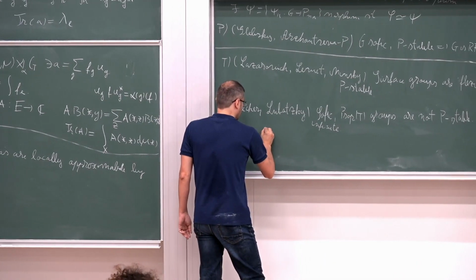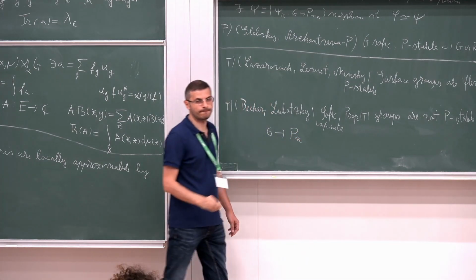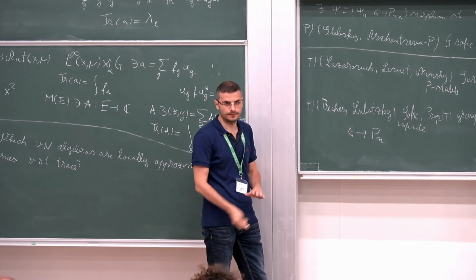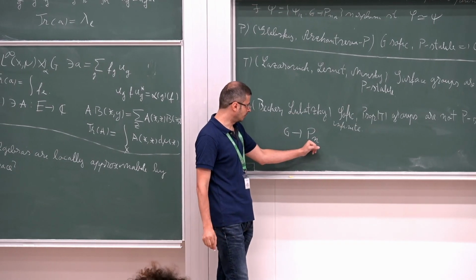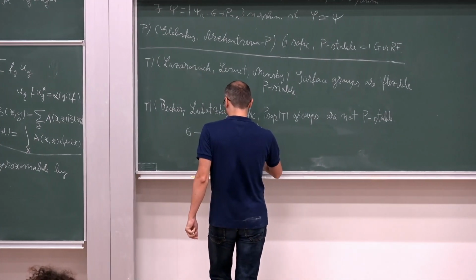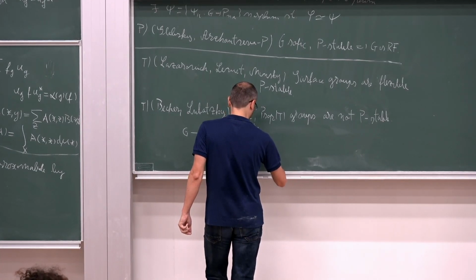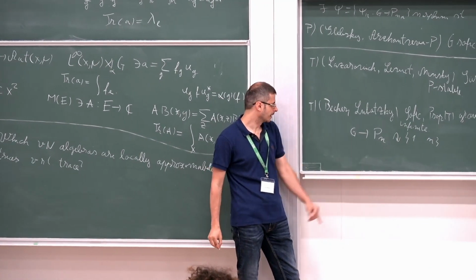You take a morphism into permutations, a sequence of maps. A morphism from G to permutation matrices is the same thing as an action of G on a set of n elements. This will become important later in my talk.